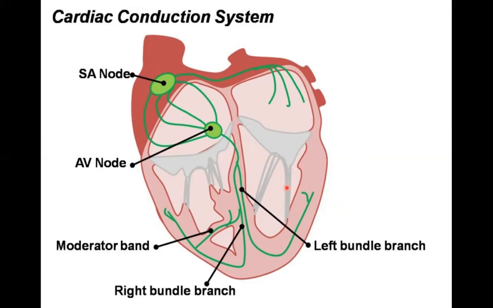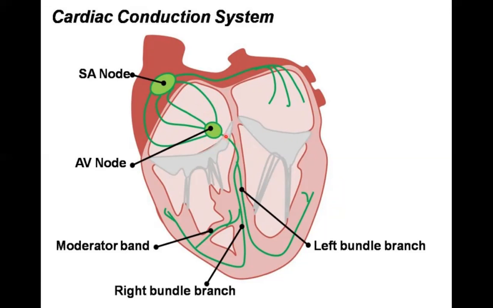Some of the cells will be modified in a way to have the ability to create impulses, and they are arranged in nodes, the SA node, sinoatrial node, or the AV node, atrioventricular node, with fibers in between called internodal fibers.